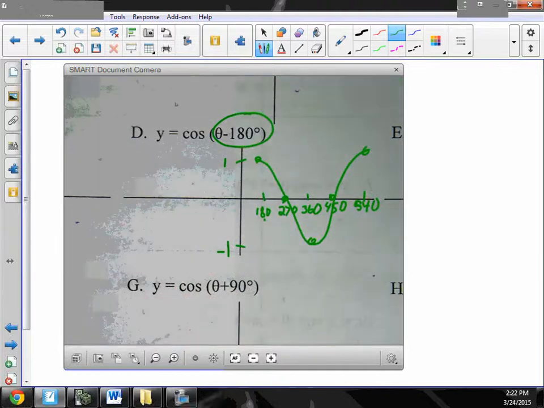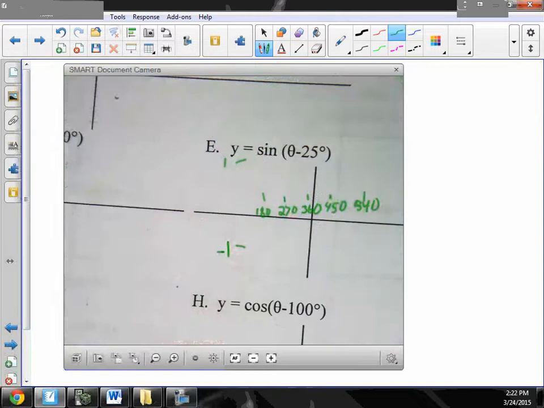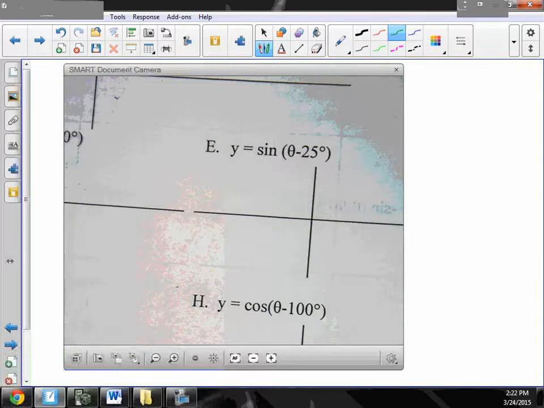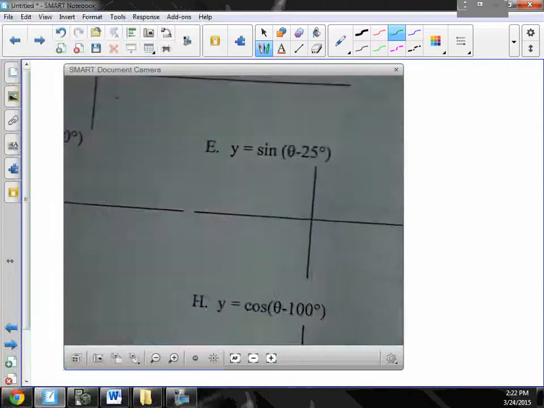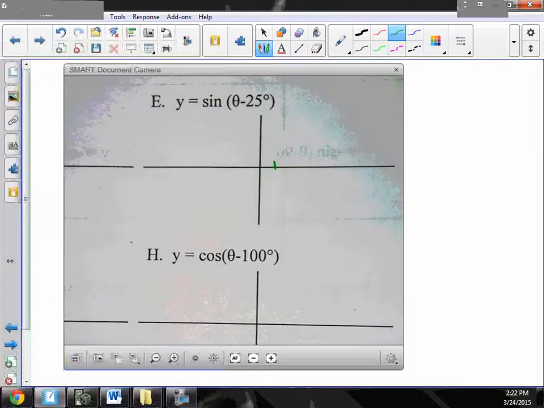Letter E. We're going to shift right 25 degrees. This one's a little bit harder than the others. Not really harder, it's just kind of annoying. So 25. What's the next mark going to be? 115.